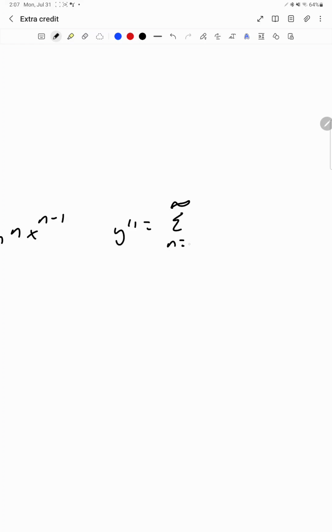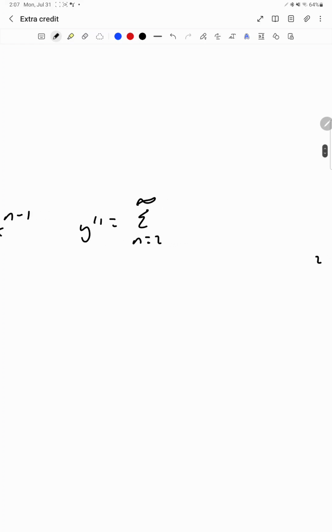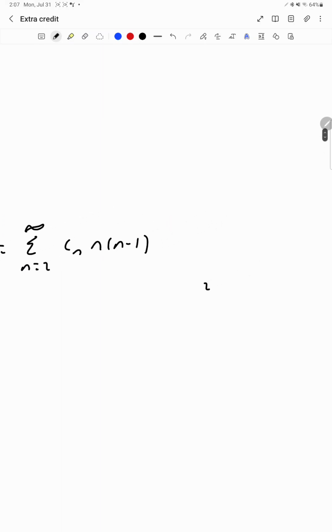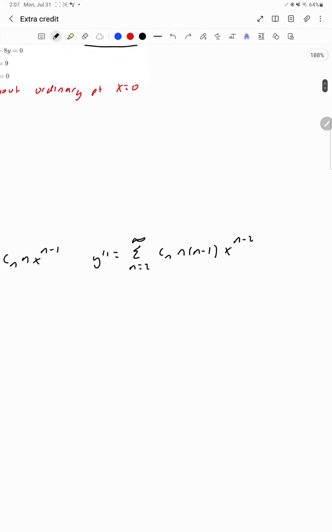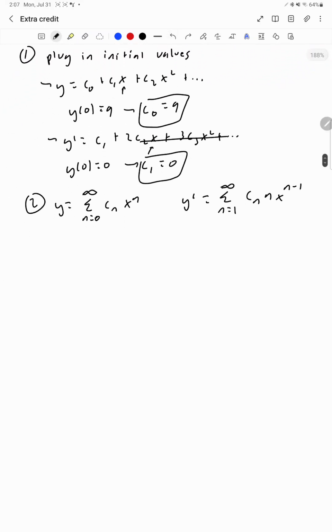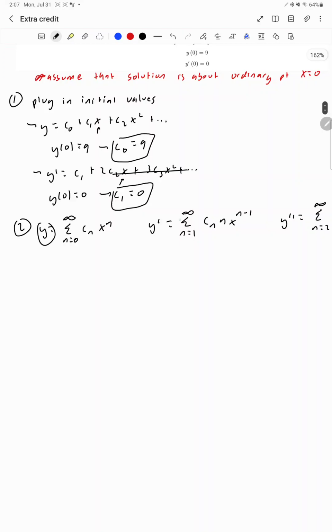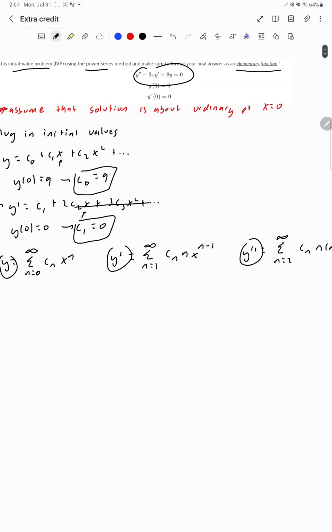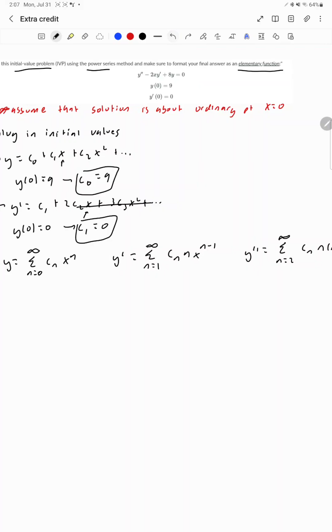And then y double prime equals the sum from n equals 2 to infinity. And when you take the derivative of y prime, you get cn times n minus 1, and then x to the n minus 2. Now that we have these written out, we can plug y prime and y double prime back into our original differential equation.